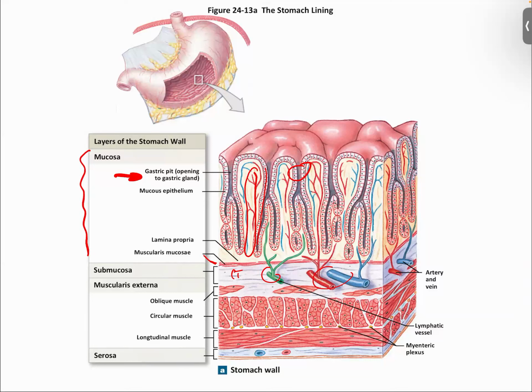And then the muscularis externa has your two different muscle types. So here's your circular muscle and your longitudinal muscle, but then you also have this layer of oblique muscles as well. That gives you an extra layer of musculature for the segmentation contraction that it does. And then, of course, you have this tough connective tissue layer, the serosa, on the outside. And so that's kind of what it looks like.